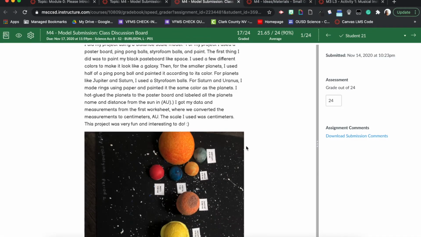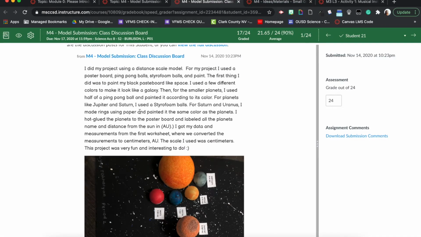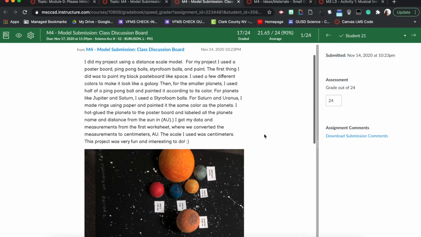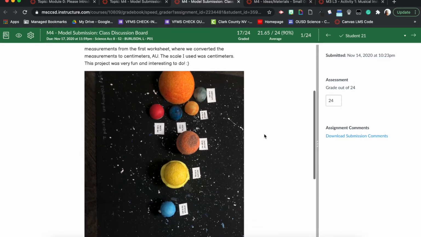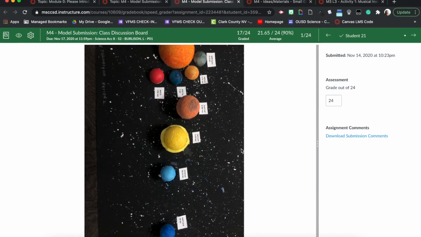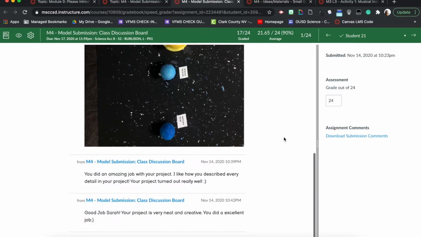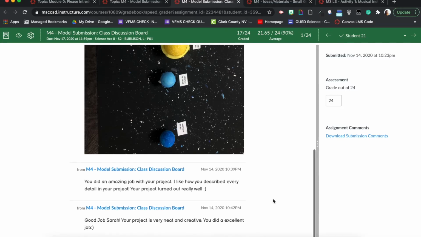All right, so you can see here they wrote a summary of what they did and talked about their measurements and stuff. And then we can see their projects. And then the student made two comments and they're like, you did an amazing job with your project. I love that.